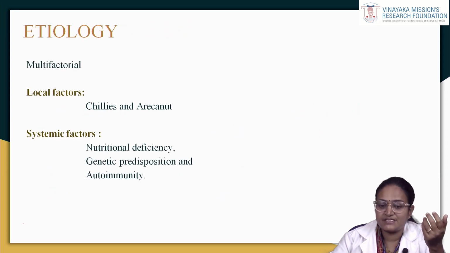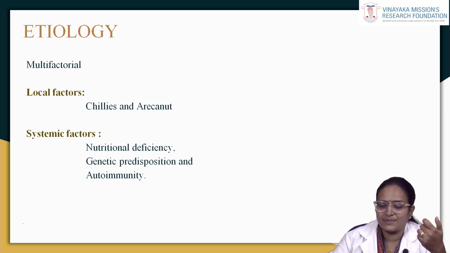Coming to the etiology, OSMF has a multifactorial etiology, mainly local factors. The single most important cause is areca nut chewing. Other contributing factors include chronic consumption of spicy chilies and nutritional deficiency, particularly deficiency of iron, vitamins and proteins.